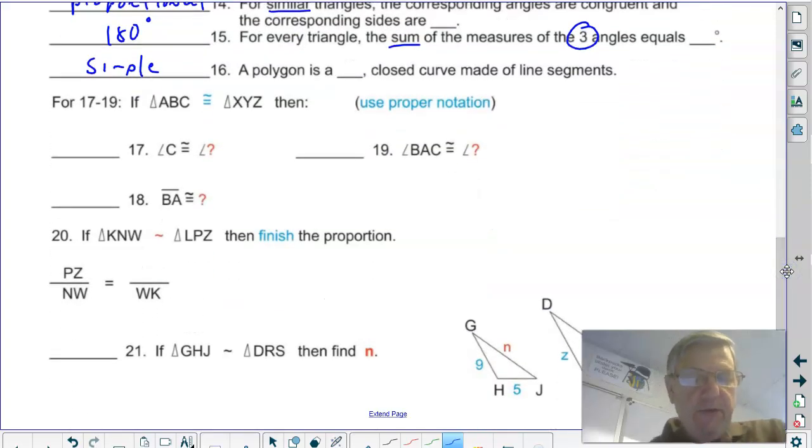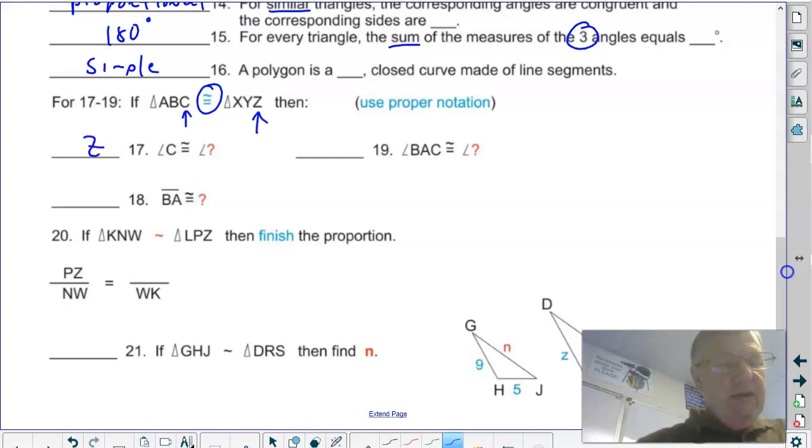All right, 17 through 19. Notice it told us congruent. Therefore, angle C, third one, is congruent to angle Z. And so you can just have the Z, or you could have put the angle symbol in there. Either way is fine. The Z is what the question mark is. Number 18, line segment BA. B to A, I must go Y to X. It must be in that order, and it must have the line segment symbol over top.